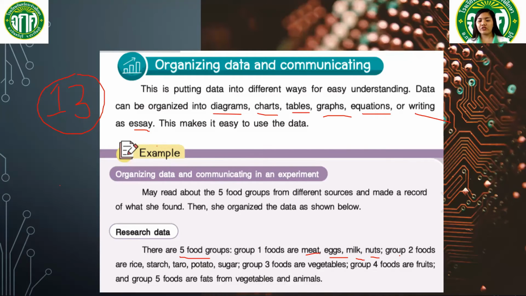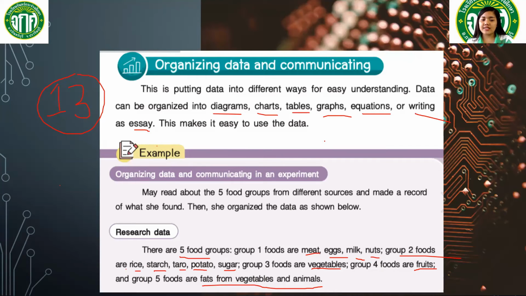Group 2 foods are rice, starch, taro, potato, and sugar. Group 3 foods are vegetables. In group 4, foods are fruits. And group 5 are fats from vegetables and animals. When we say fats, these are oils from vegetables and animals.